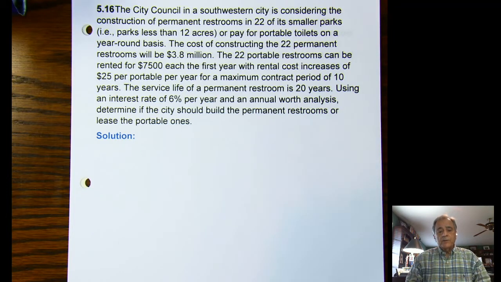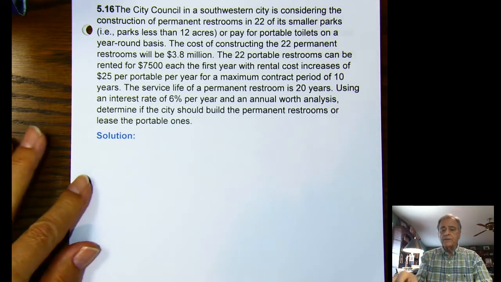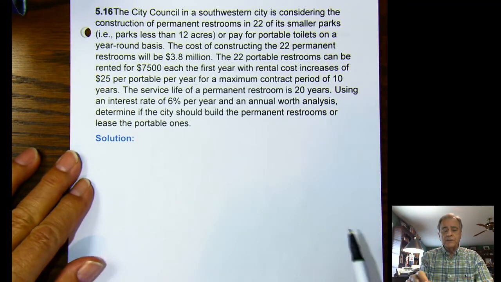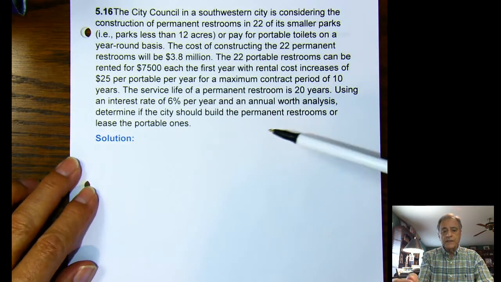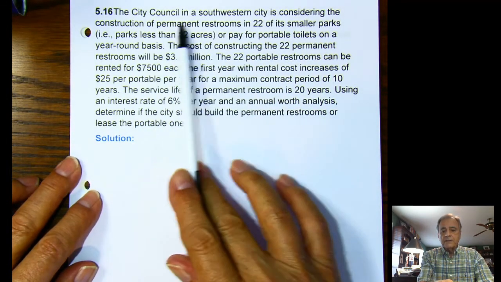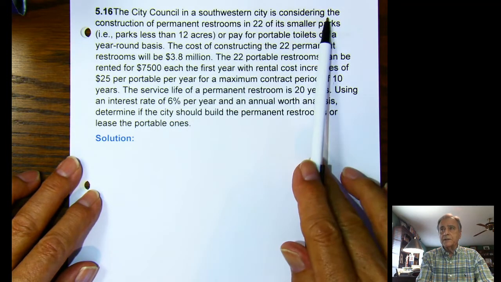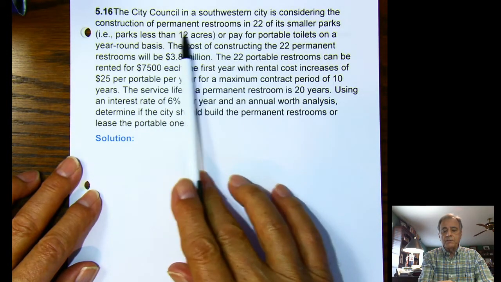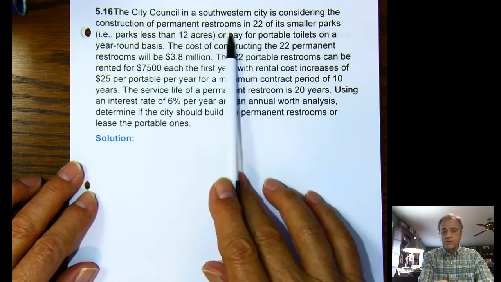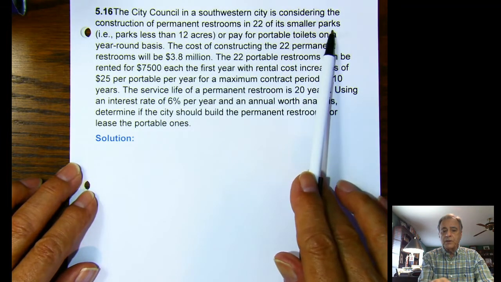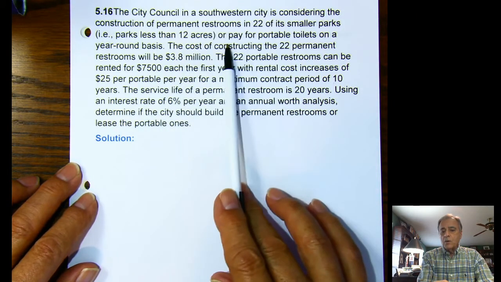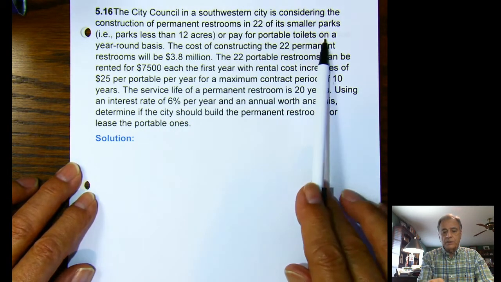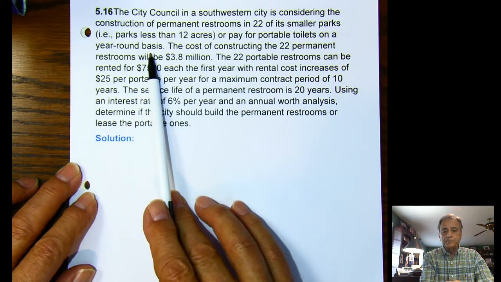Okay, the next problem I'm going to work is problem 16 at the end of chapter 5. So let's read the problem and see if we can set it up according to the data given. City Council of a southwestern city is considering the construction of permanent restrooms in 22 of its smaller parks, that is, parks less than 12 acres, or pay for portable toilets on a year-round basis.